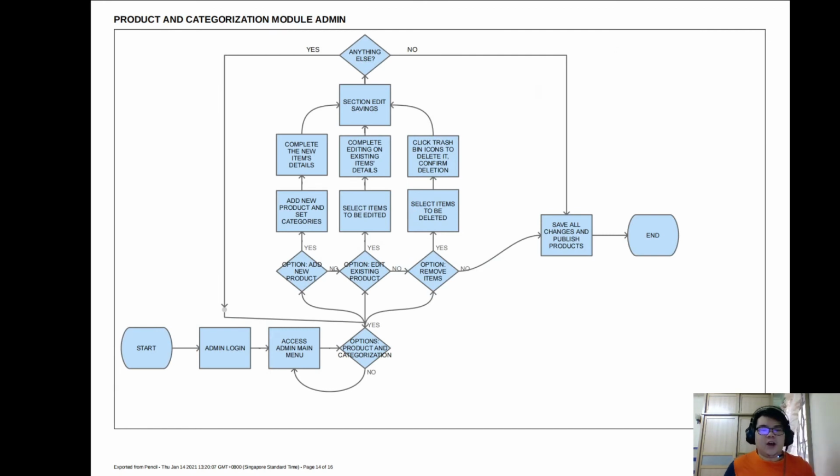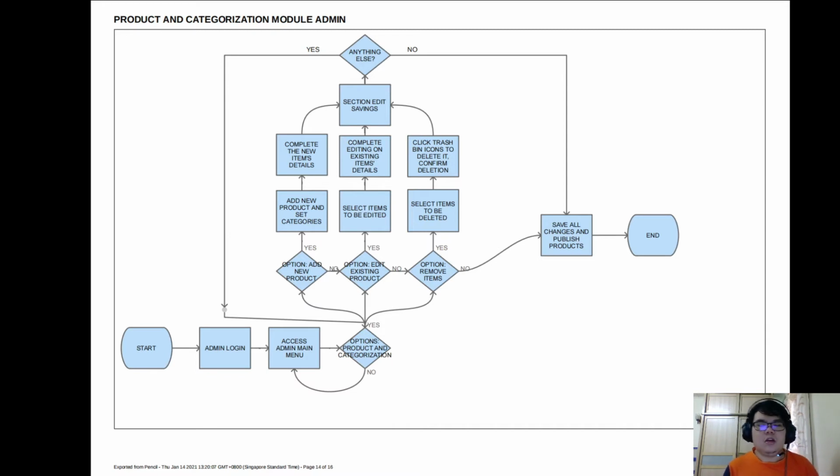Now, product and categorization module. This is the admin part, which has three functions: add new product, edit existing products, and remove items. When they are adding a new product, they will first set the categories, then complete every item's details.